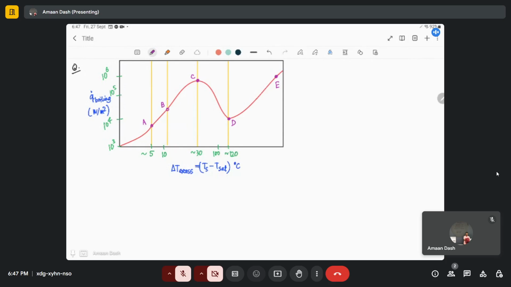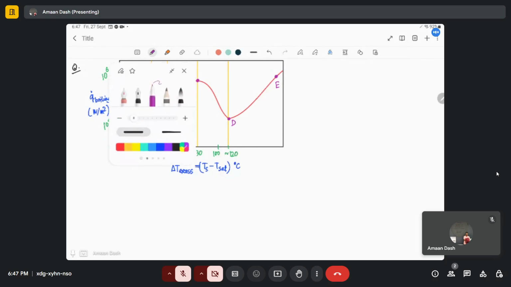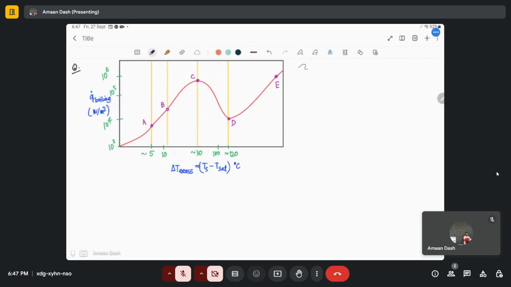This is a typical boiling curve for water, right? Boiling curve for water at, say, pressure equal to 1 atmosphere.